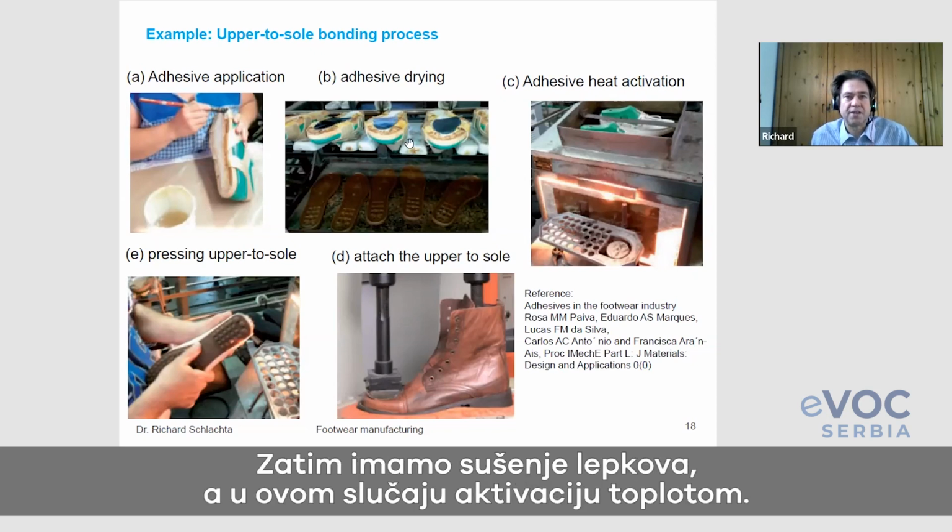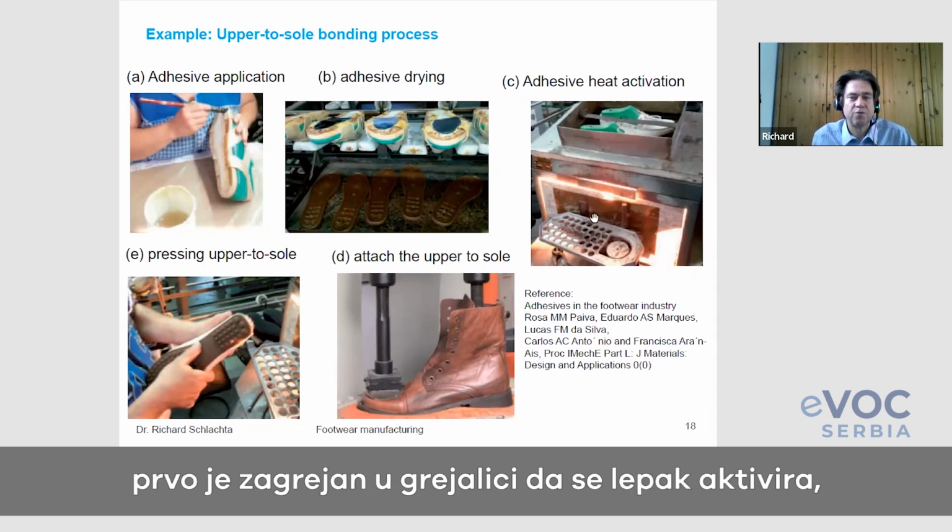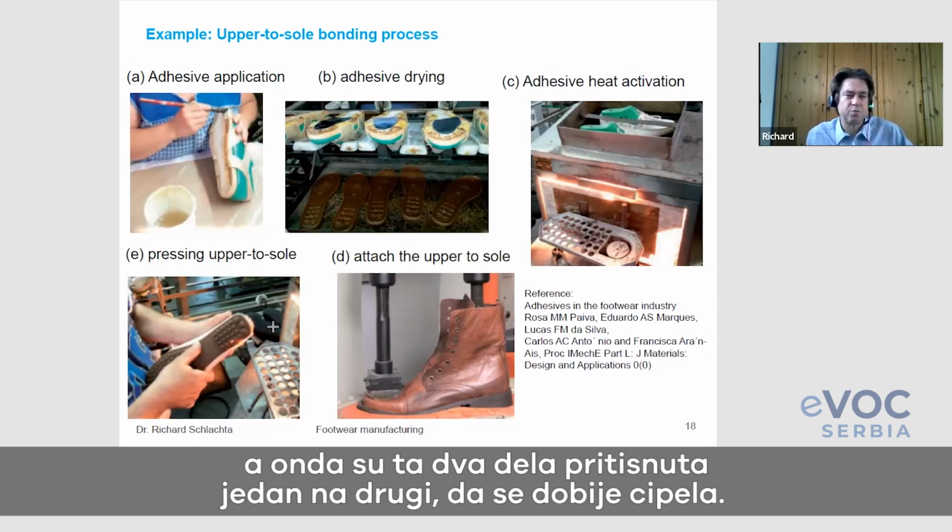So then you have this adhesive drying, the heat activation in that case, and here you do this pressing, from the upper end to the sole, because first you have done it in that heater, so the adhesive was activated, and then you press it together, and so you get the shoe.